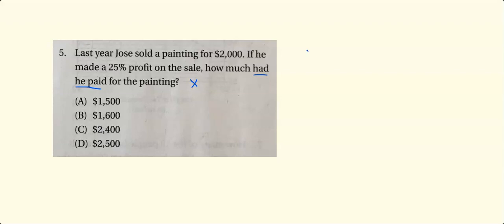So let's say we start with X, which is how much he paid. 25% of that would be added to the price he paid. So that's 0.25 times the original price, and the total is 2,000. So this becomes 1.25x equals 2,000.